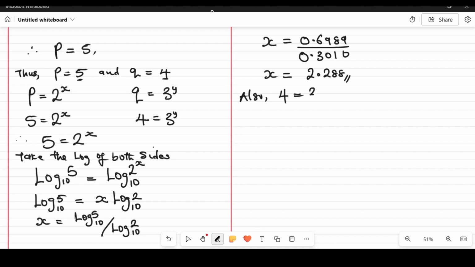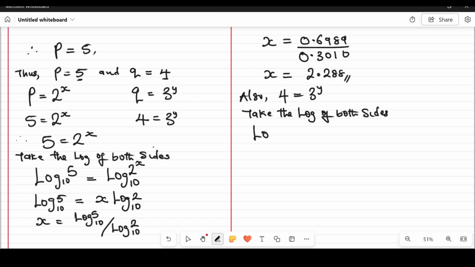Also, 4 is equal to 3^y. If we take the log of both sides, we have log 4 to base 10 equal to log 3^y to base 10.